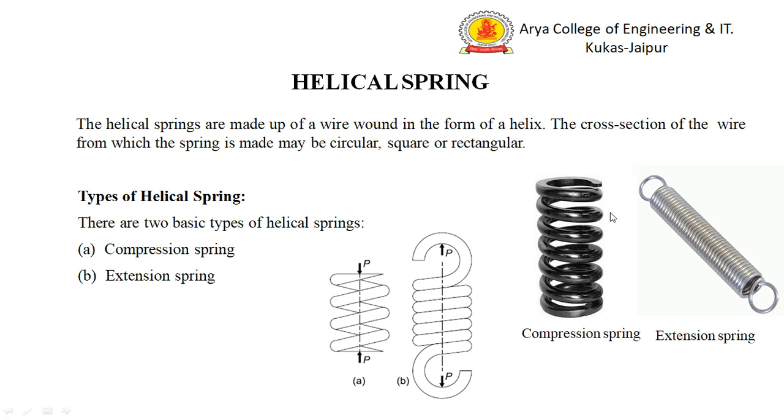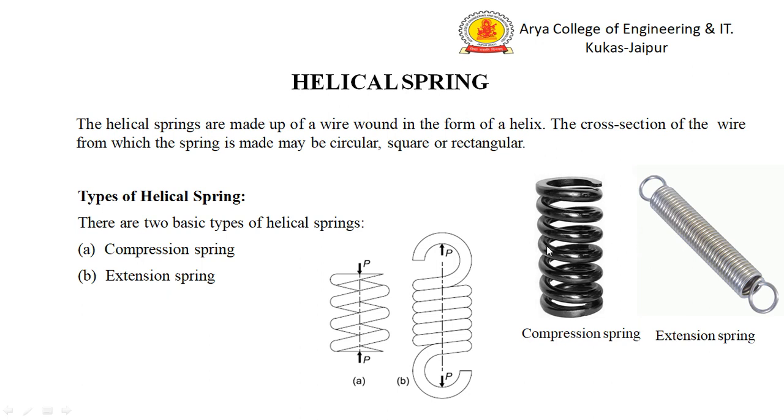In compression spring, a sufficient gap must exist between the two adjacent coils to allow the compression. In extension spring, gap between adjacent coil is not desired. It is usually wound tightly.